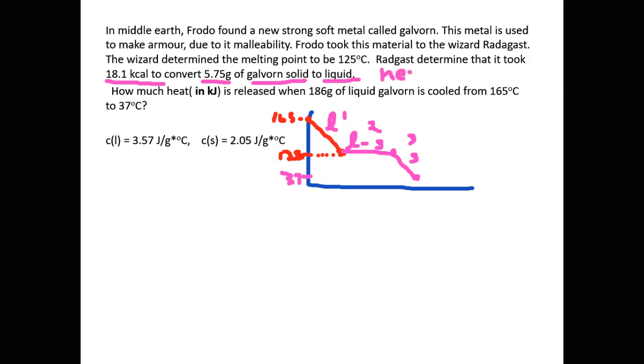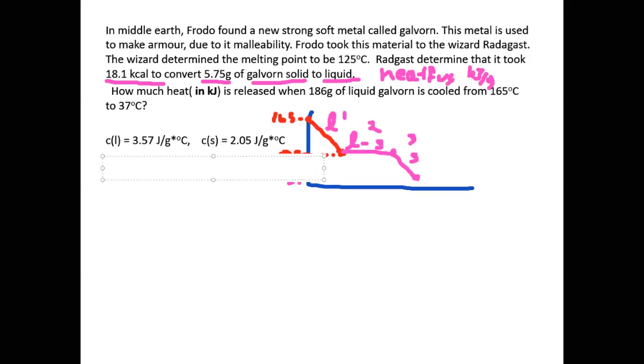From this, we can calculate the heat of fusion in kilojoules per gram instead of kilojoules per mole. So that's what I'm going to do first. I'm going to calculate the heat of fusion in kilojoules per gram. So I need to convert kilocalories into kilojoules.